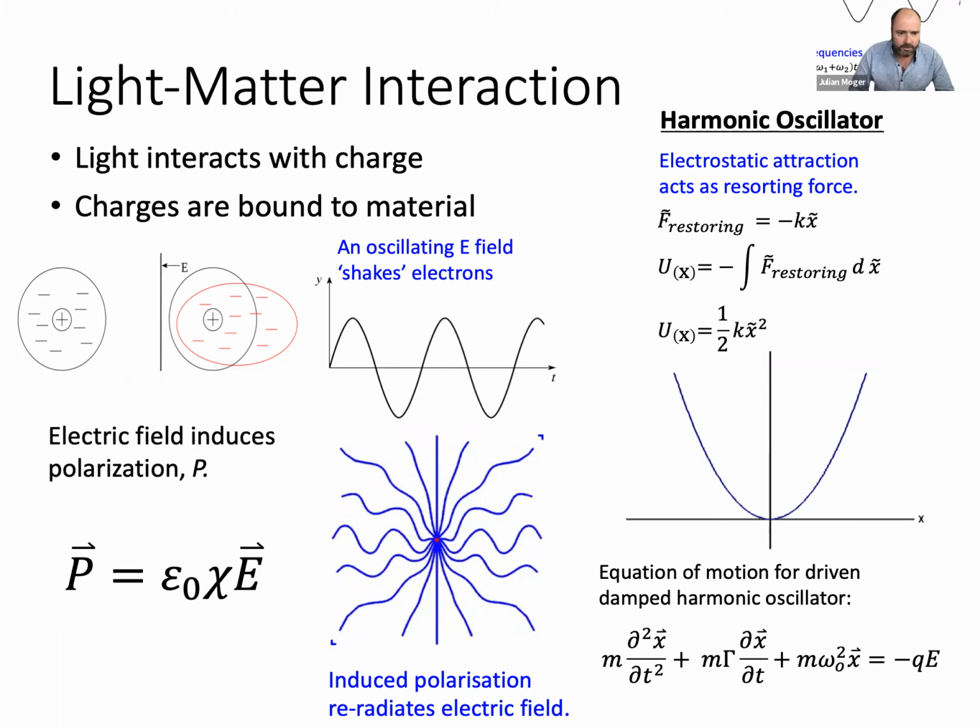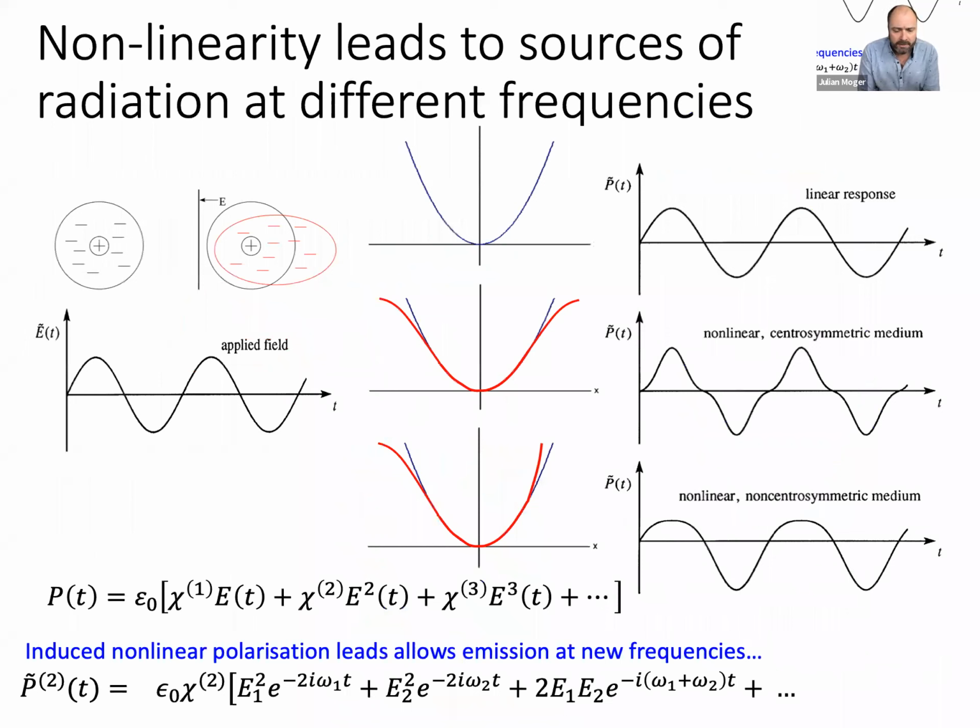But where it becomes interesting is in real materials, the potential that the charges sit in isn't always considered to be a parabola. At small displacements from the equilibrium position, we do indeed see a linear restoring force, and we experience a parabolic potential.